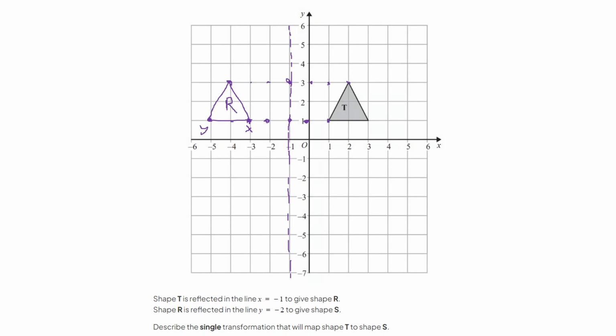We then need to reflect shape R at y equals -2, which is here. And let's reflect. So we go y, it goes down 1, 2, 3. So let's put it down 1, 2, 3.